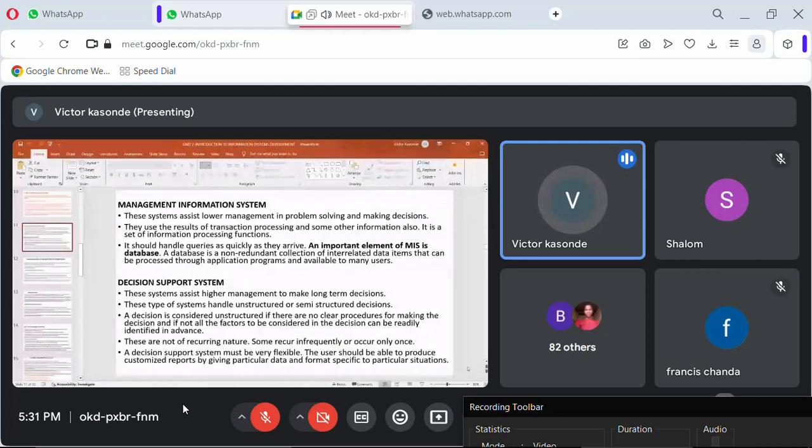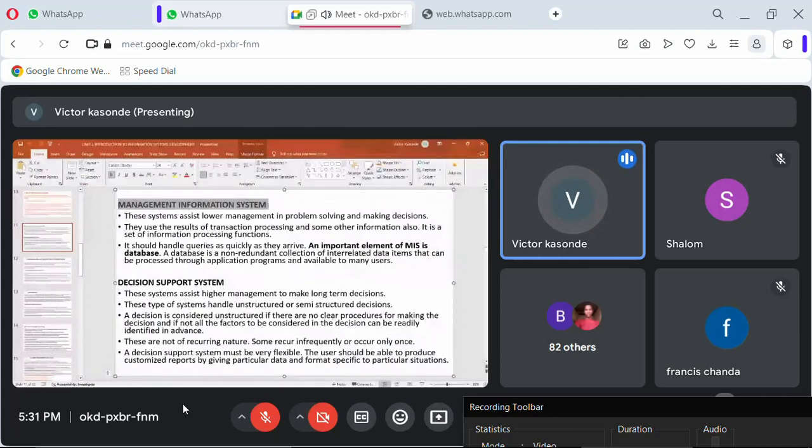This system assists lower management in problem solving and making decisions. They use the results of transactions.